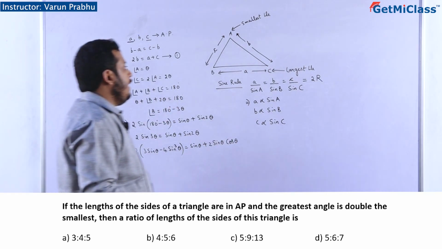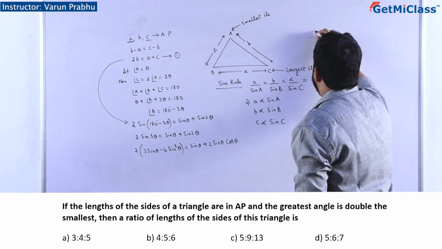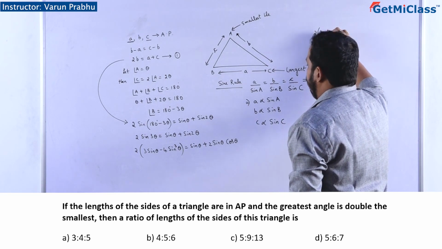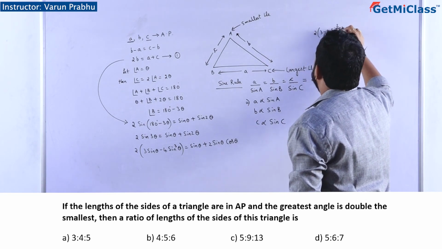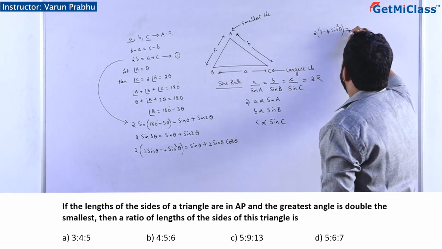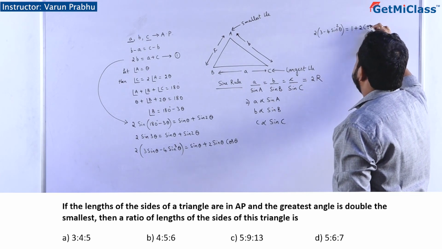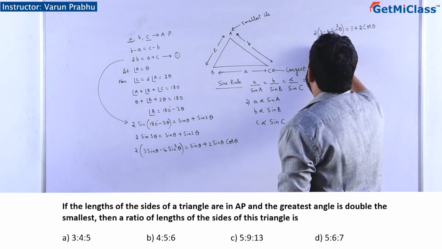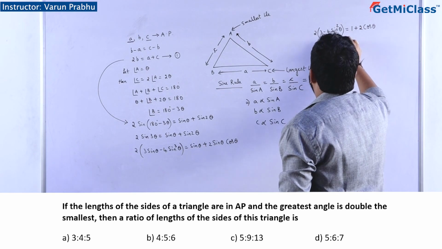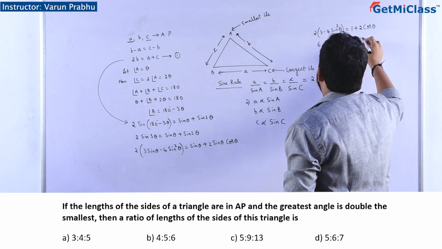So we can divide by sin theta throughout, and we get 2 times (3 minus 4 sin squared theta) is equal to 1 plus 2 cos theta. So 6 minus 8 sin squared theta is equal to 1 plus 2 cos theta. Sin squared theta is 1 minus cos squared theta, so 6 minus 8 plus 8 cos squared theta is equal to 1 plus 2 cos theta.